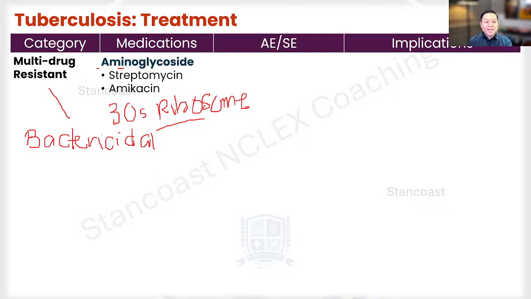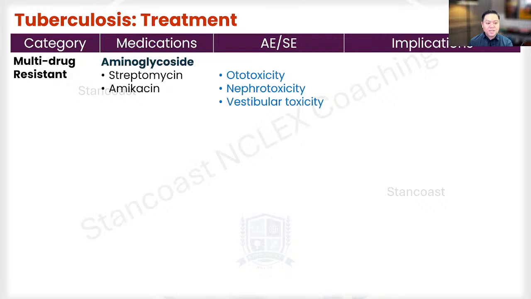Okay. Now, guys, like I've said, this is going to be toxic to the body, and we are going to expect that these are going to happen, especially ototoxicity. So what is this ototoxicity? This is basically the hearing loss.